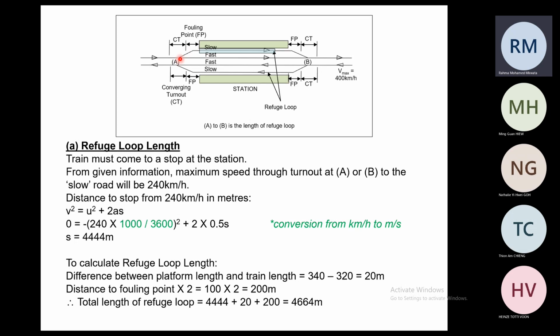So you have two turnout points. One is this, where the train diverges from the original line to another line, and another point is this one, which is called the converging turnout, where you converge back to your main line.